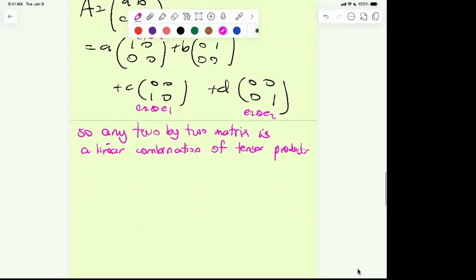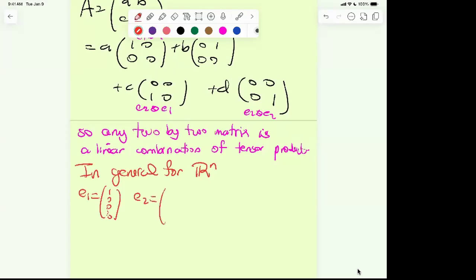So the rank of a matrix. Let me say first, in more generality, for Rn, you could still have the canonical basis, E1 up to En, right? Rn has dimension n.